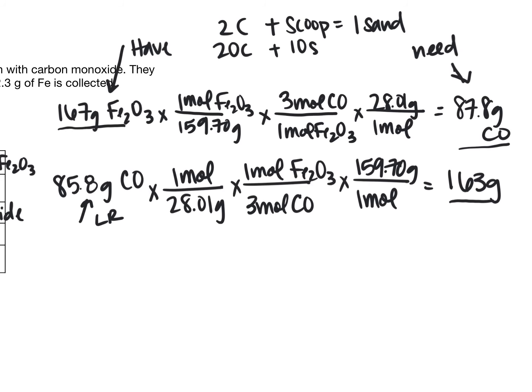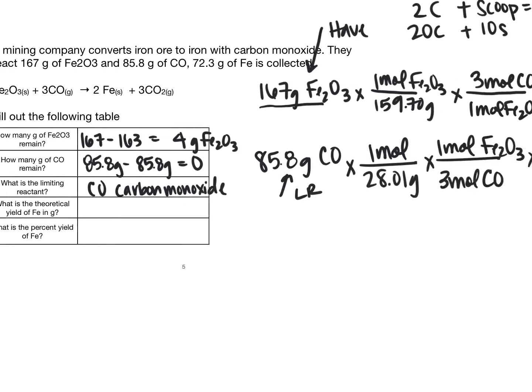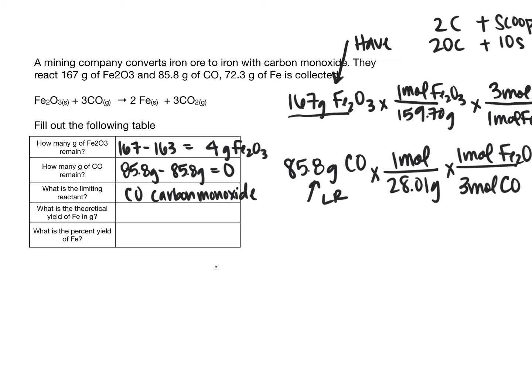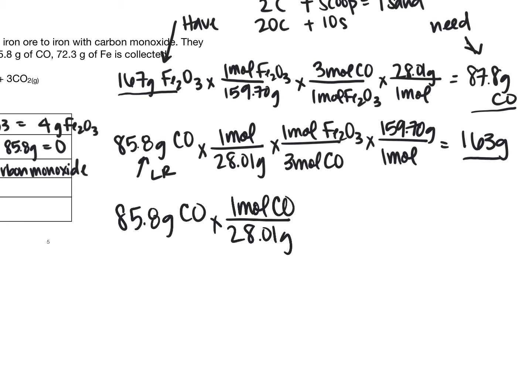So now that we've figured that information out, our table asks us to determine the theoretical yield. Oh, wow. That was a lot of movement. So we're going to take our 85.8 grams of carbon monoxide. We're going to convert that into iron. So there's 28.01 grams in 1 mole of carbon monoxide.